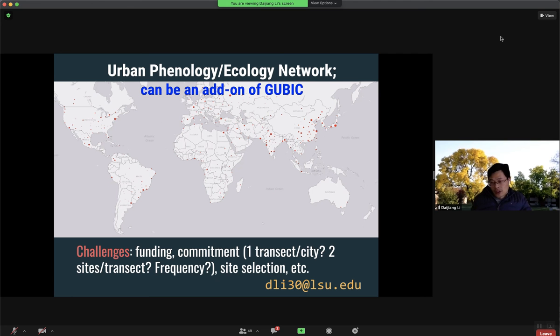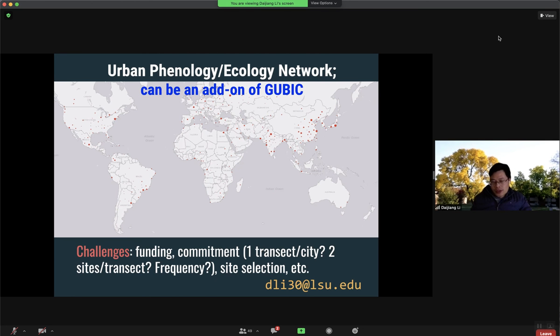But for phenology we do need frequent visits, especially in early spring, or the growing season, especially the beginning and the end of the growing season; we potentially need to visit the sites every week. So the frequency can be a challenge, but we can potentially reduce it. During the middle of the growing season, and also in the winter, we can maybe go there every month.